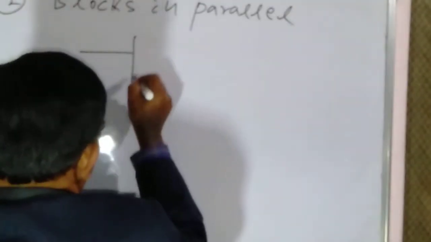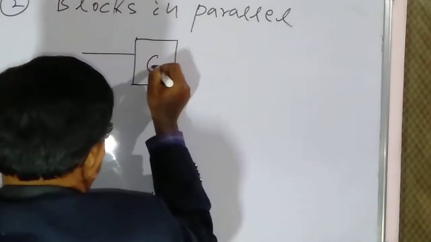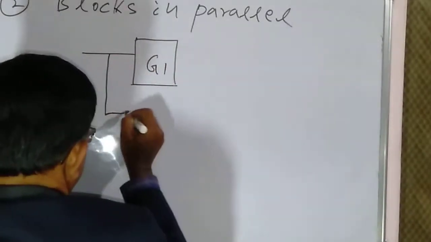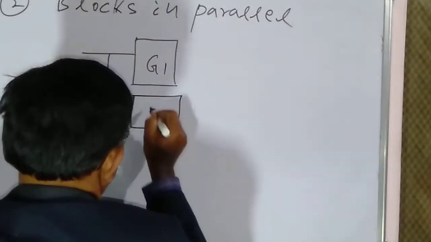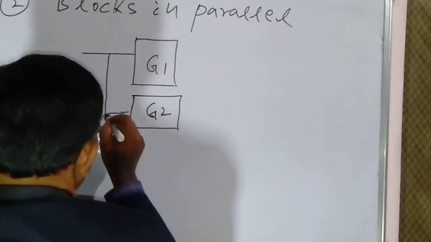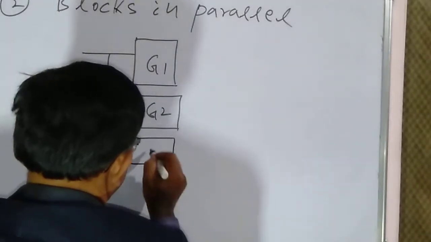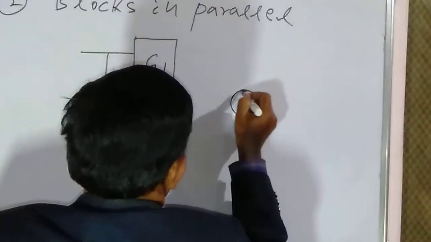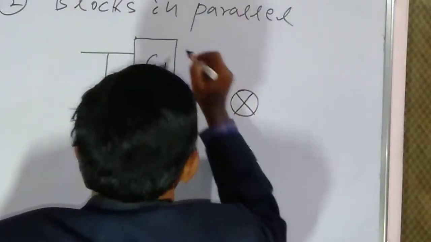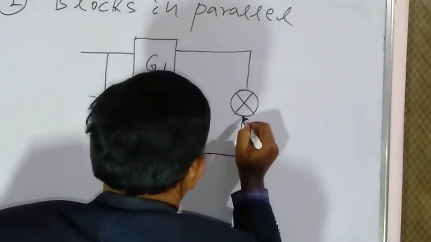So this is one block G1, this is another block G2, and this is another block G3. Let us assume that all three blocks are connected in parallel.